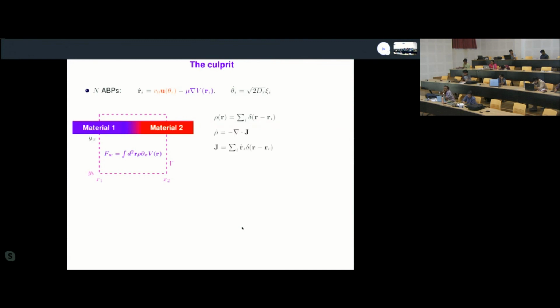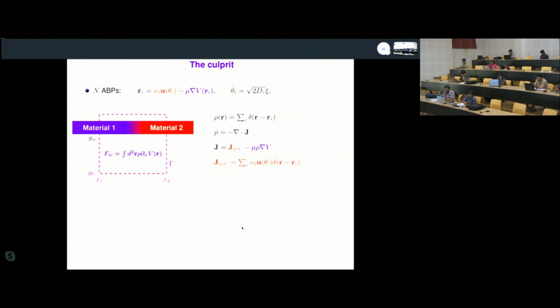To compute rho, I write down its dynamics. Rho dot is the sum of delta of r minus ri, and only ri depends on time. When I take the time derivative of rho, I get that rho dot is minus the divergence of j, where j is simply the sum over i of ri dot delta of r minus ri. I can replace ri dot by its expression, and I get that my current is the sum of two terms.